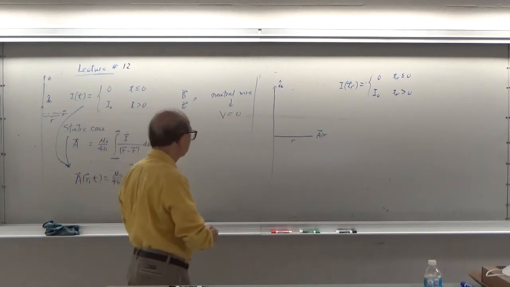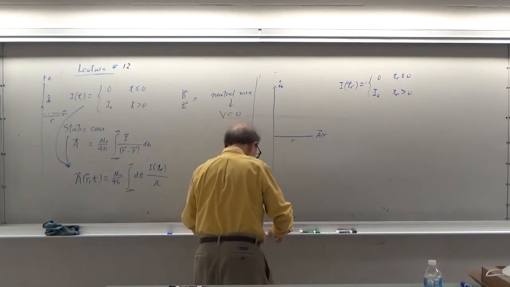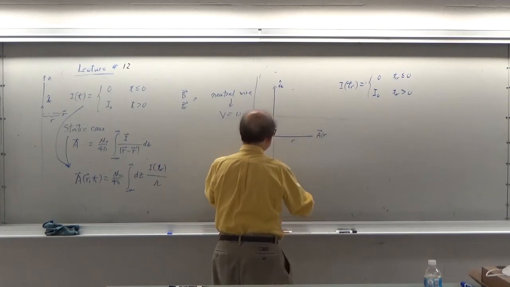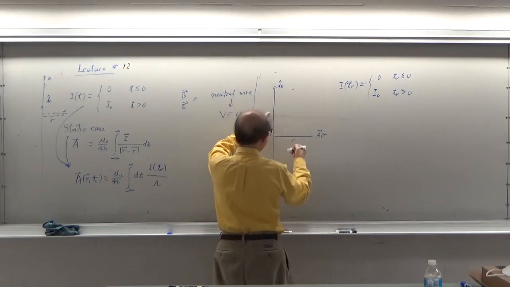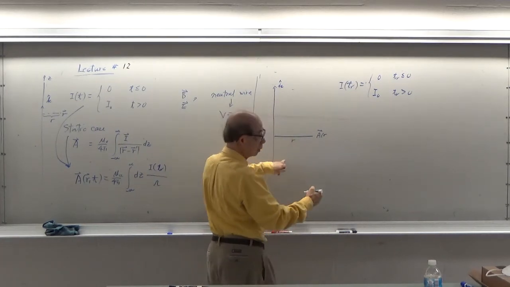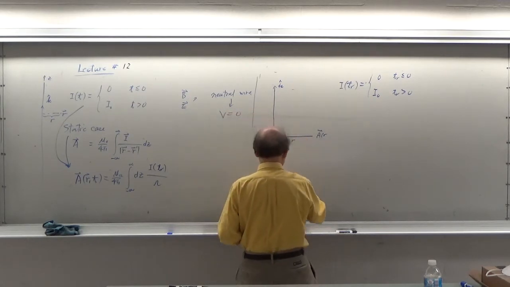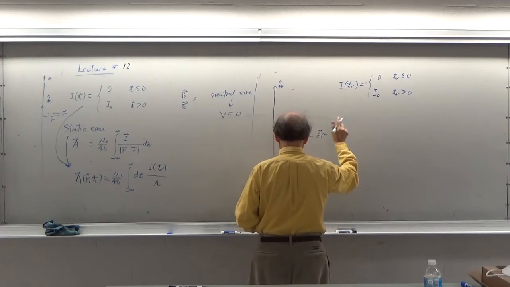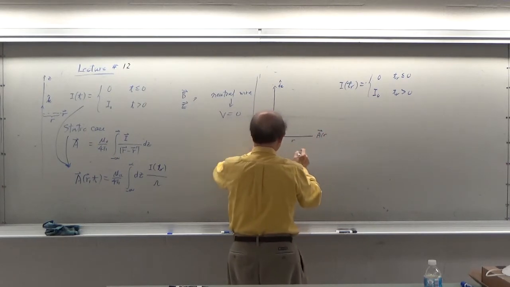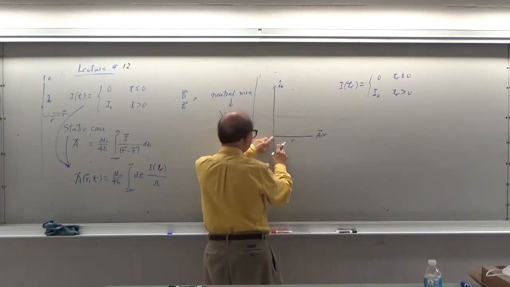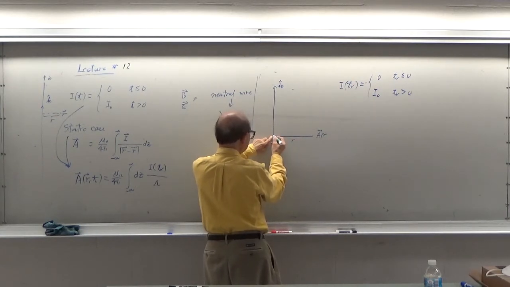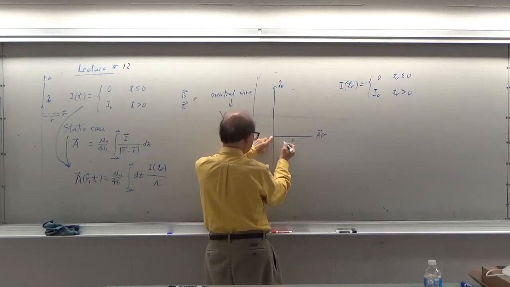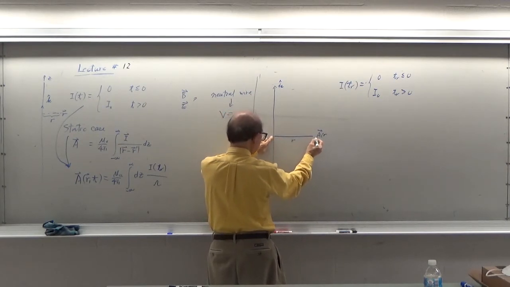All right. So let me draw the diagram at time t. First of all, if there's a current I at this point, then the signal will have to travel this distance to the point of observation.